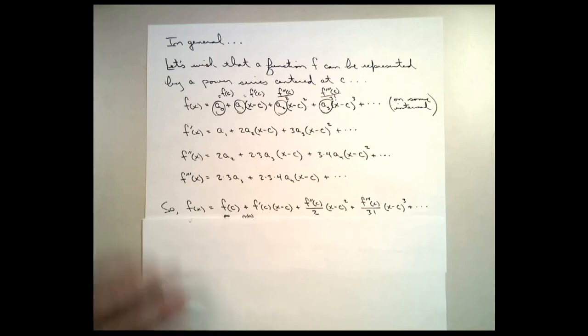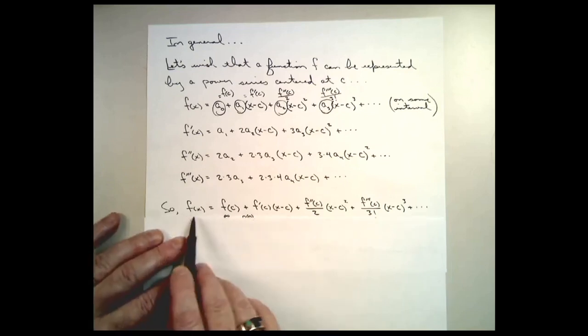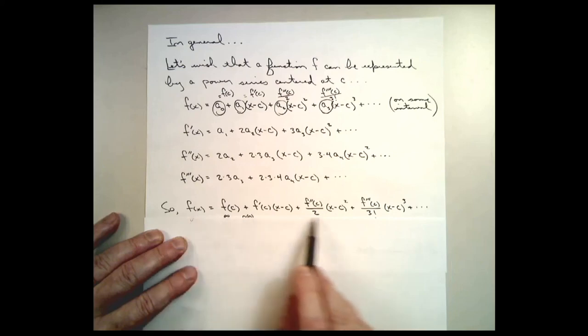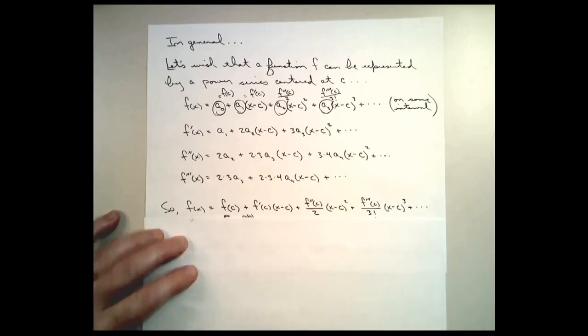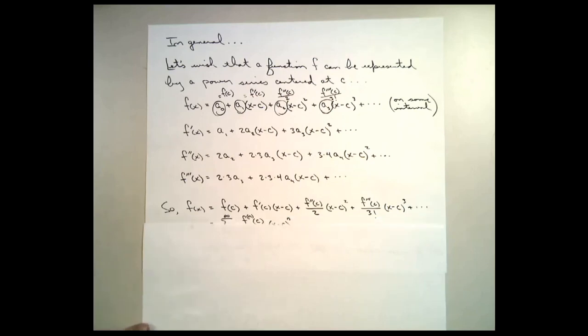What I've got is that if f of x can be represented by a power series centered at c, this is the power series that I'm going to get. It can be abbreviated that way.